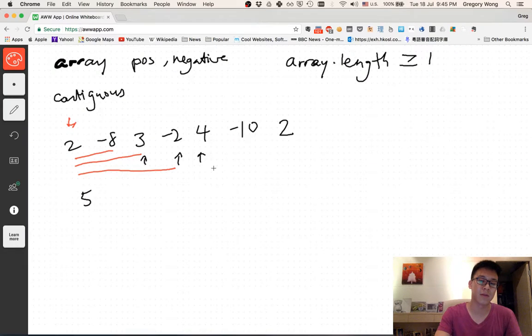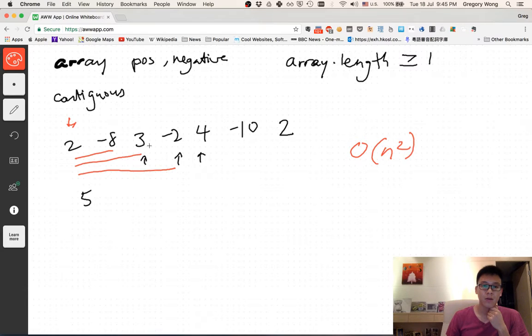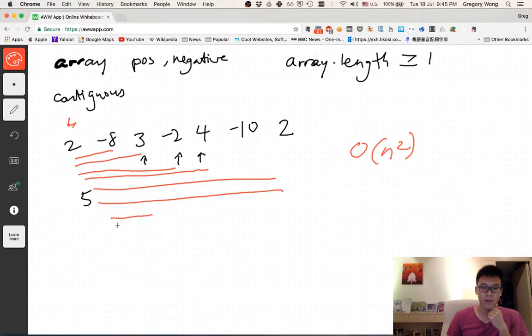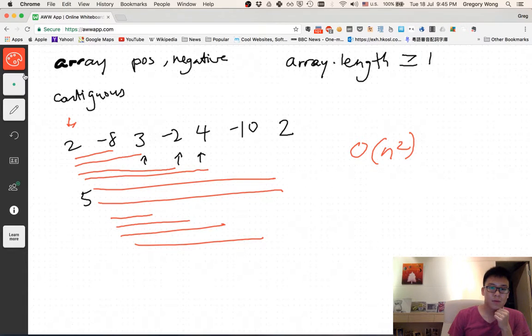So that would take O(n squared) because I would be looking at each combination. So I would do this, and then I would start at -8, and do this, and so forth. That would be O(n squared), and I think I want a more efficient way to do that.